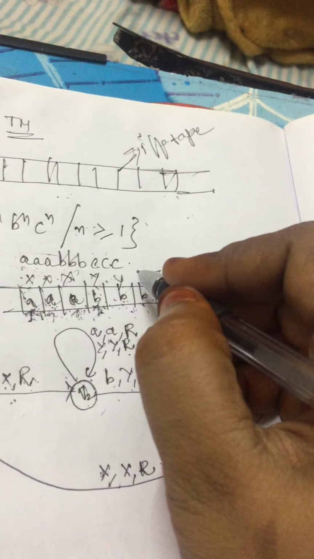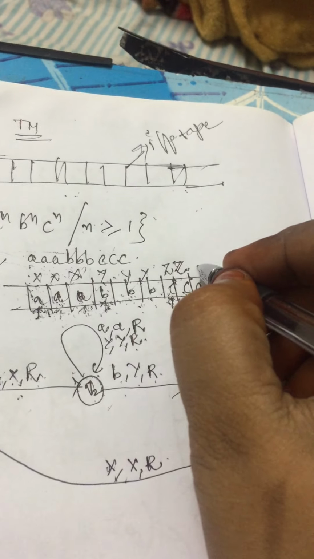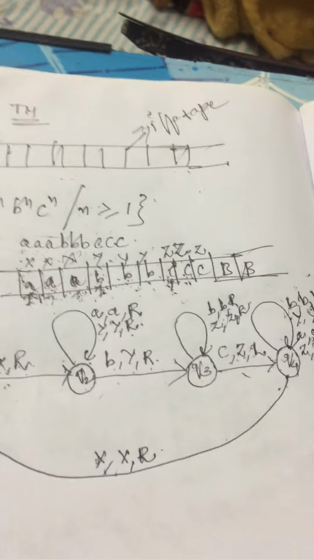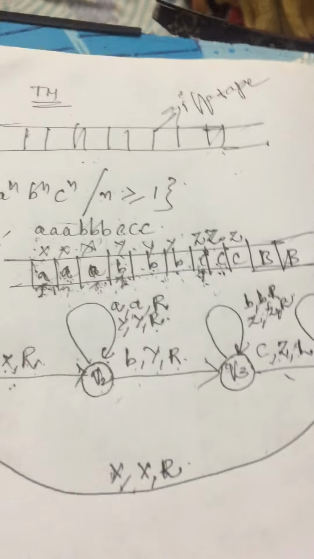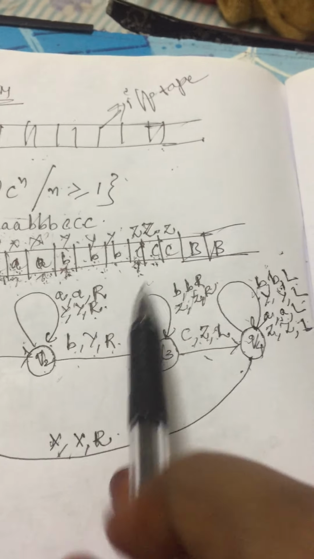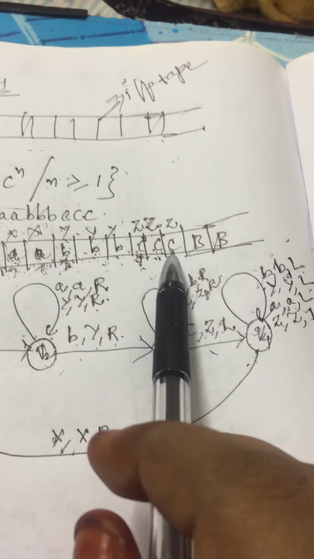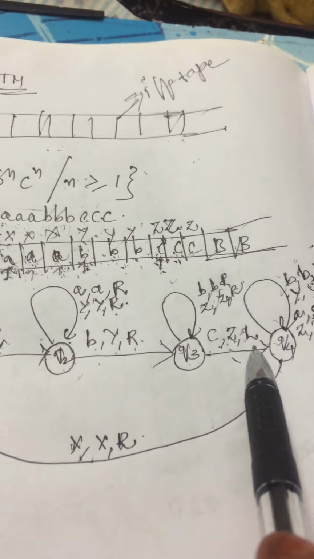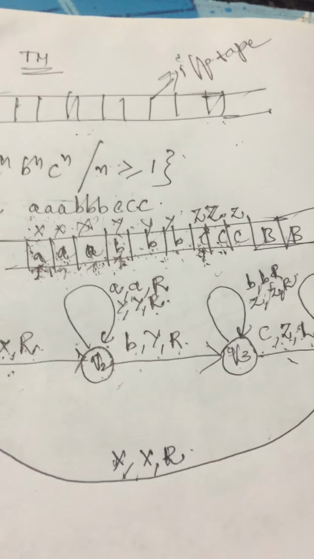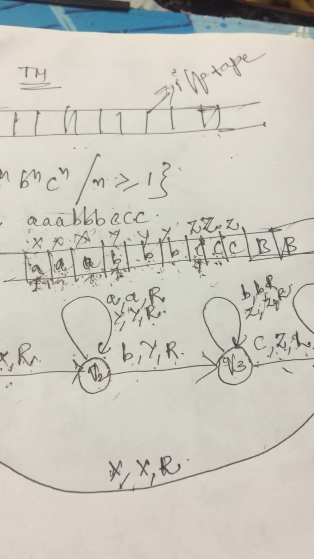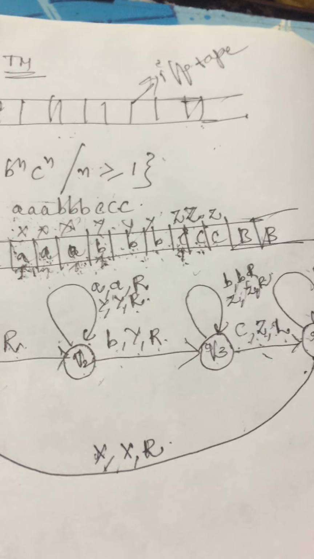Now see, in this manner, after converting all the A's, all the B's, all the C's, after converting this C to Z, again it moves to the left direction. By seeing it physically, we can understand that the string has been completed.